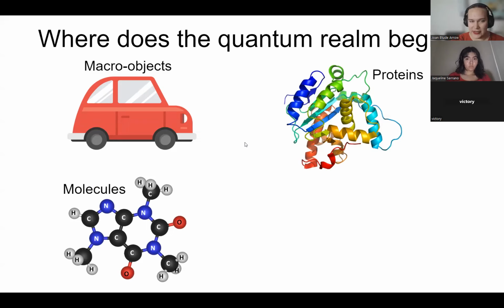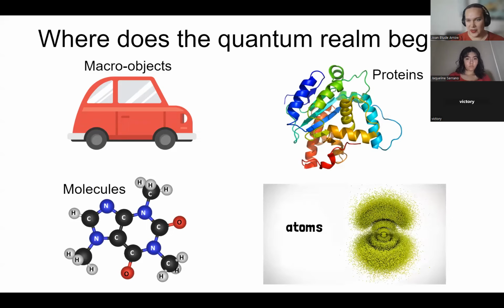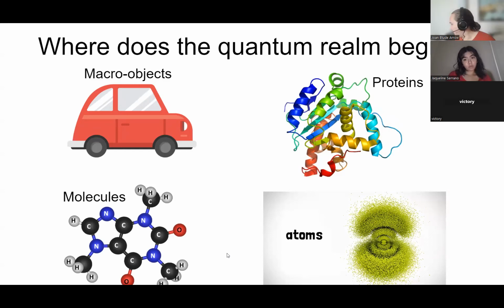Maybe more likely you see it at the level of molecules. Certainly we see it at the level of atoms. And by the way, on the bottom right, that picture is supposed to be a more realistic representation of an atom than the little solar system model you typically see. That representation tries to capture the quantumness.